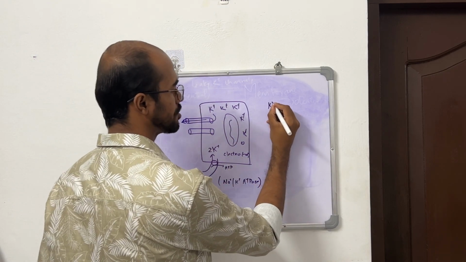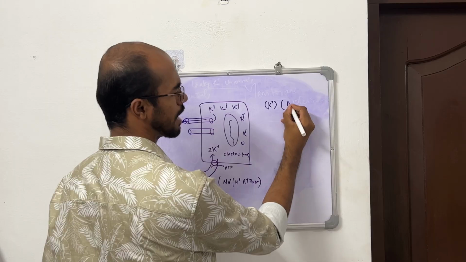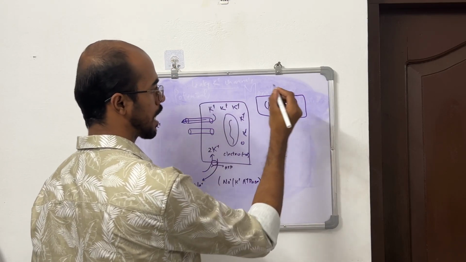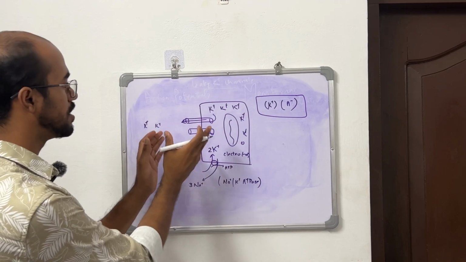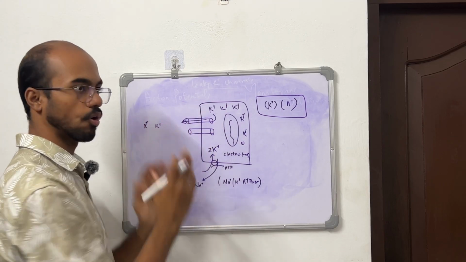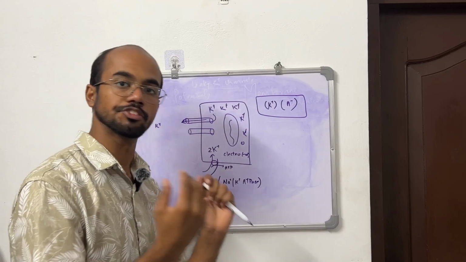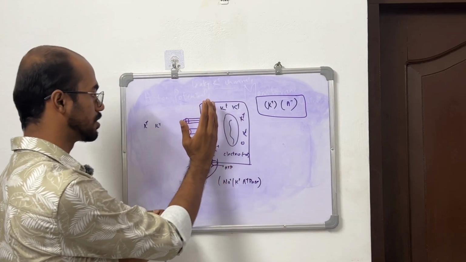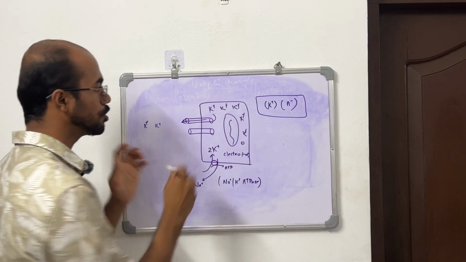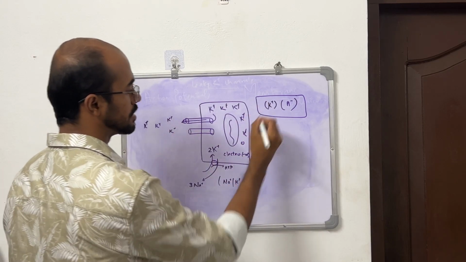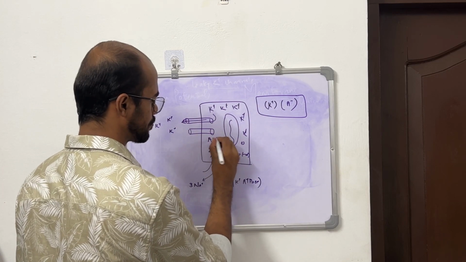So for one potassium, there will be one anion, or one negatively charged particle. So the electrical neutrality is maintained. Whenever these leaky potassium channels are present, the potassium tends to move from a region of higher concentration to lower concentration. So the potassium starts to move out, leaving behind just the anion particles.